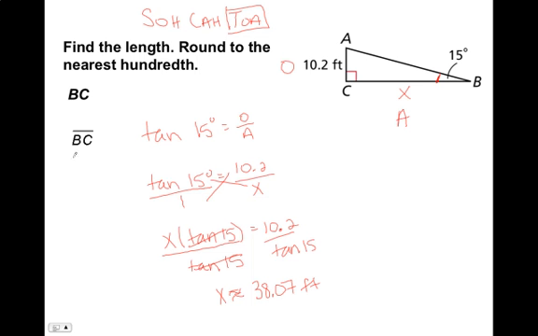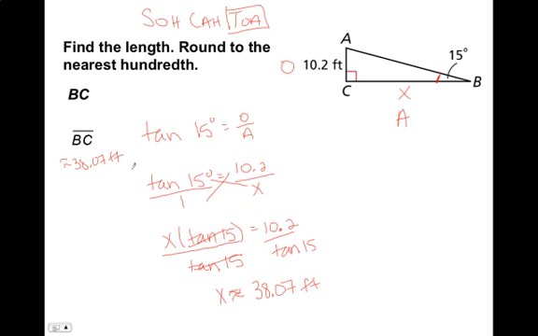That is the length of BC, 38.07 feet. So you can see we're now tying in our proportions into our right triangles in trig as well. So just remember to label your triangle, set up your equation, put it over 1, cross multiply and solve.